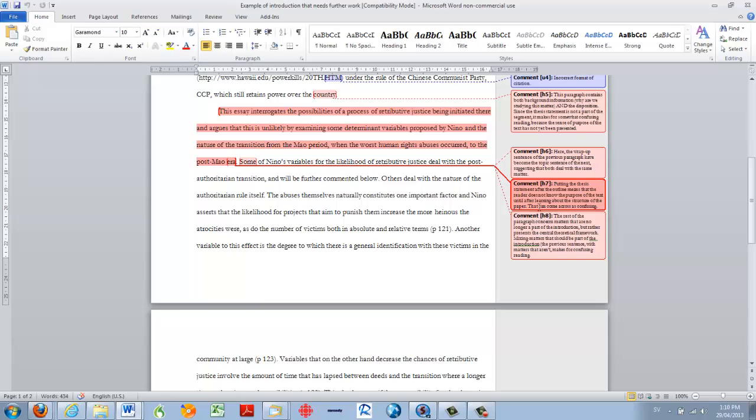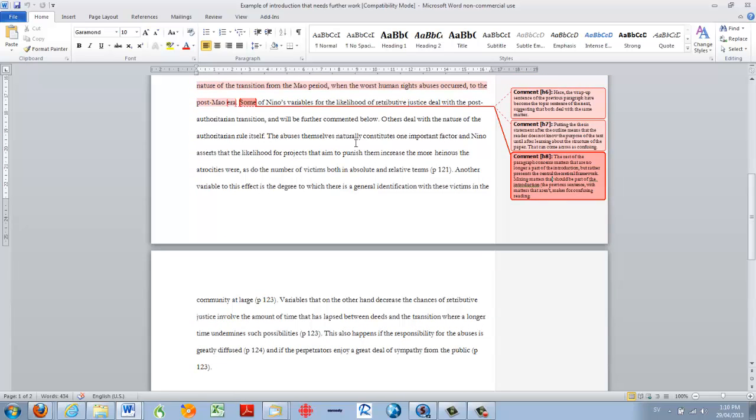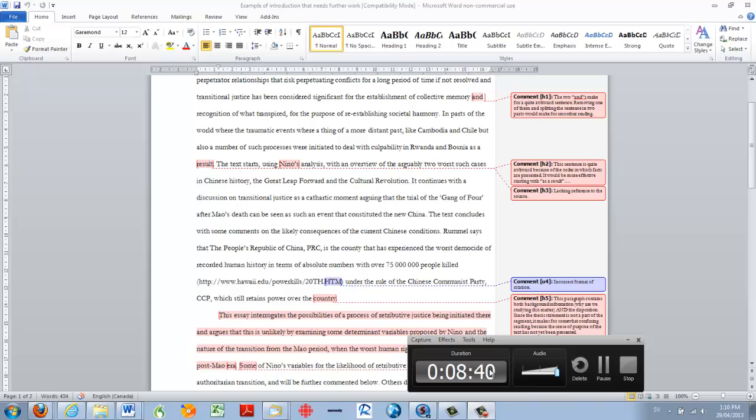So here you can see how that becomes confusing. And then the rest of the paragraph really concerns matters that are no longer part of the introduction. It's really main body text and theoretical framework that starts coming in here. And that means that you have a blend between the introduction and the main body text that, again, is confusing organizationally. So that's not an optimal way of organizing an introduction. Hope that little primer was helpful for you.